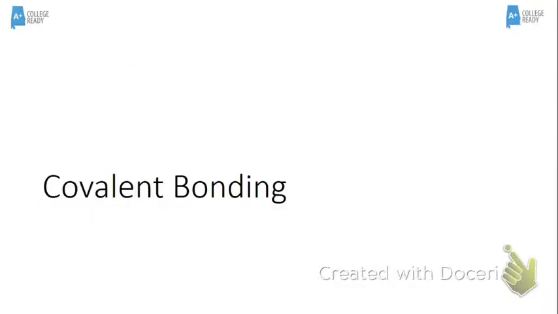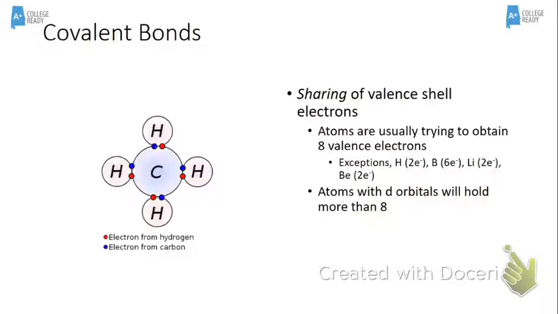So we have two general types of bonding. The first type we're going to talk about, well, actually there are three. The first type we're going to talk about is covalent bonding. With covalent bonding, we are sharing valence electrons, and typically your atom is trying to get 8 electrons in its outer shell.